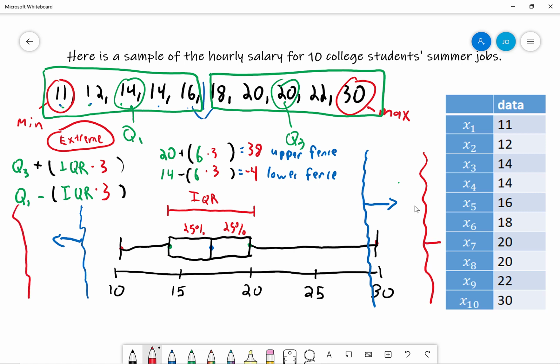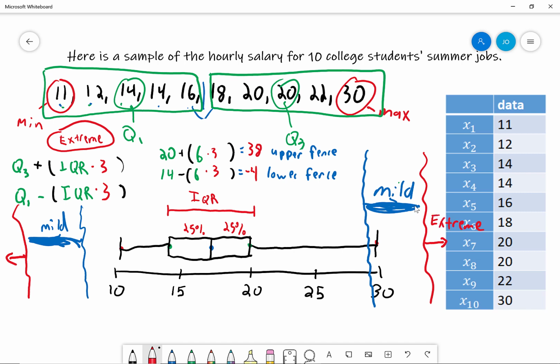And any value beyond these red fences is what we will call extreme outliers, observations that are very far away from your data set. Anything in the blue ranges that we see here, we will call mild outliers. So I'll write this as mild, I'll write this as mild, and everything else is extreme.